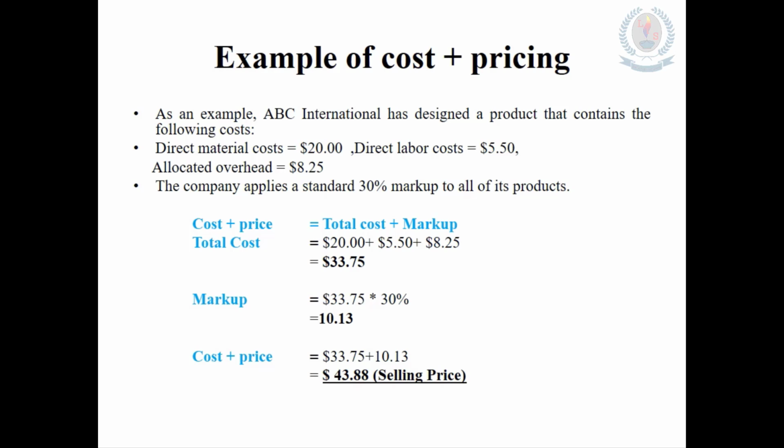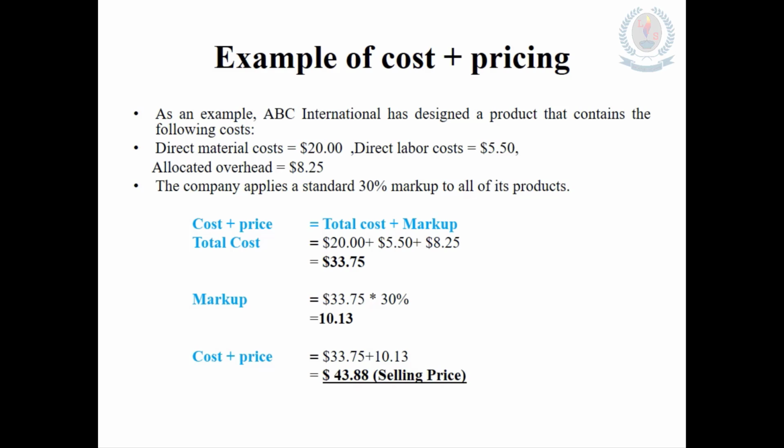Direct material cost $20, direct labor cost $5.5, allocated overheads $8.25, and the company applies a standard 30% markup, that means a standard 30% profit margin to the products. In blue letters I have mentioned the formula for calculating cost plus pricing: cost plus equals total cost plus markup.